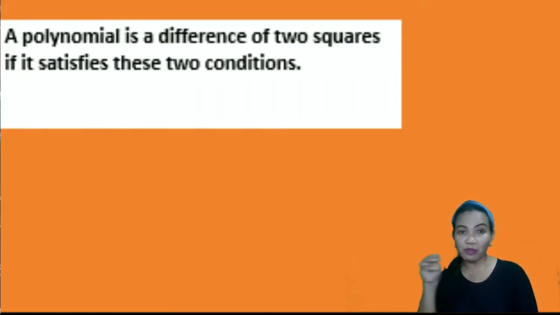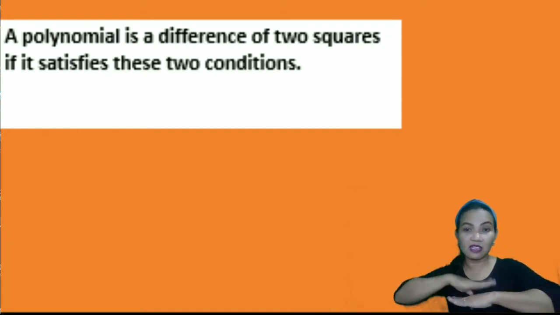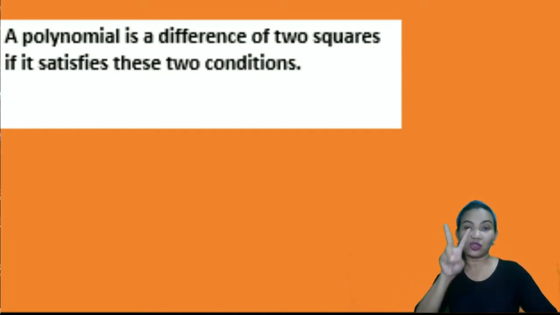A polynomial is a difference of two squares if it satisfies two rules or conditions.